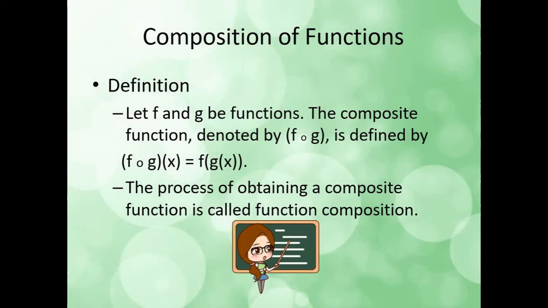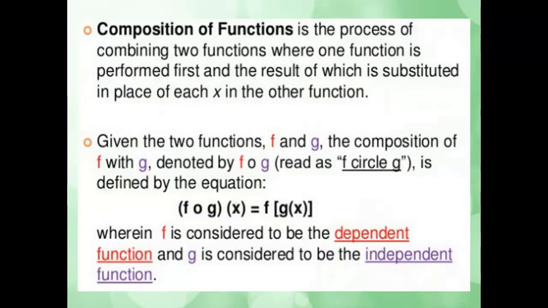Composition of functions. It is the process of combining two functions where one function is performed first and the result of which is substituted in place of x in the other function.